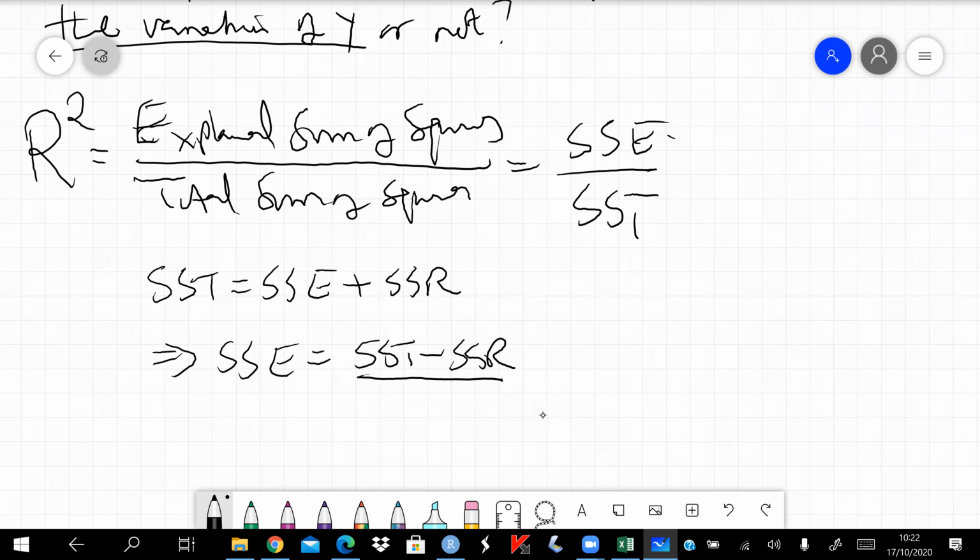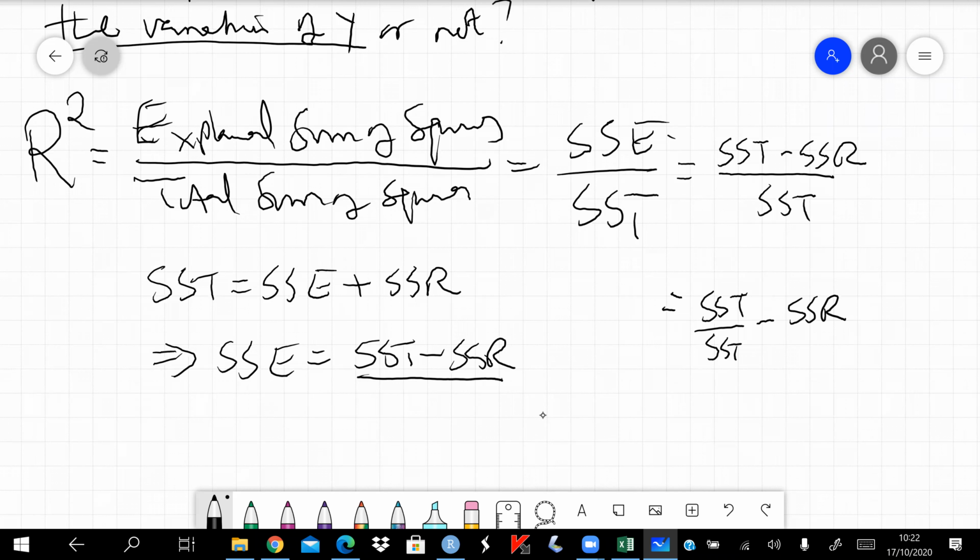That means we have SST minus SSR divided by SST. So we can split the numerator into this format: SST over SST minus SSR divided by SST. So we know this is the same as 1 minus SSR over SST.